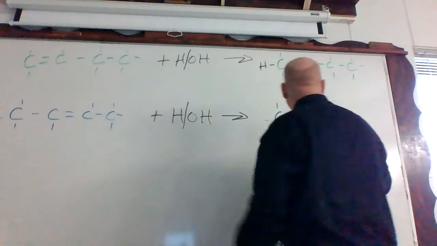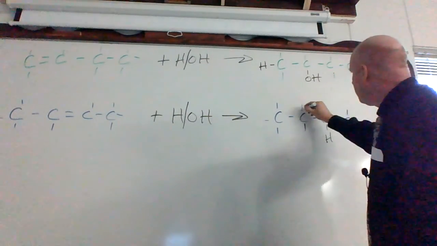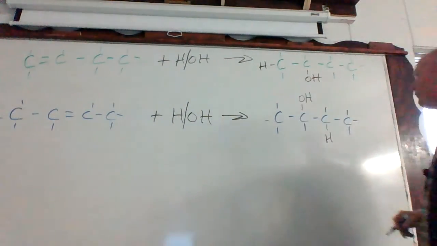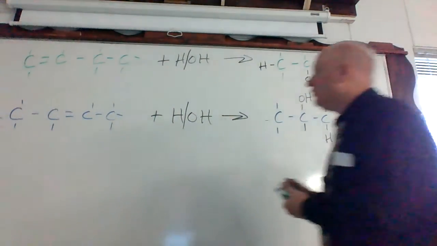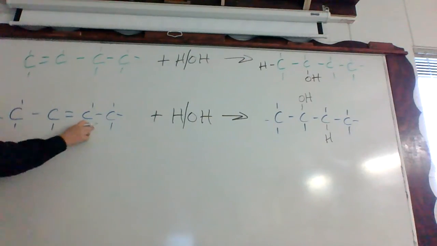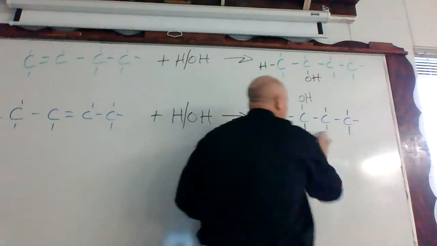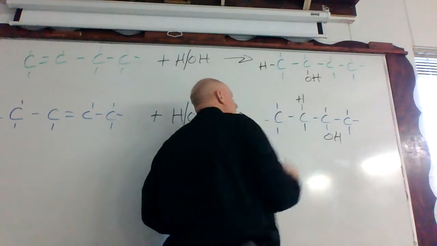You can go ahead and say, well, I'm going to put this hydrogen down here and this OH up there. Okay? I mean, that's fine, but it doesn't matter. You can flip-flop the two. Because notice we had the OH go on this one, the hydrogen on there. We can flip-flop them and say, well, I'm going to put the OH on this one and then just the hydrogen on that one.